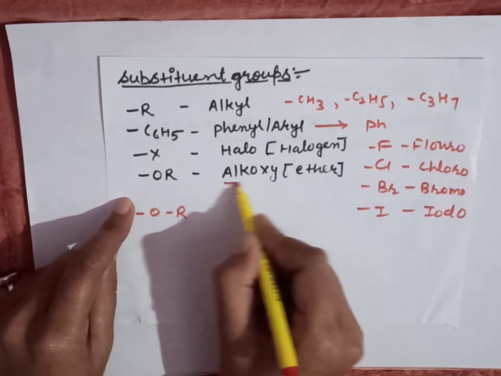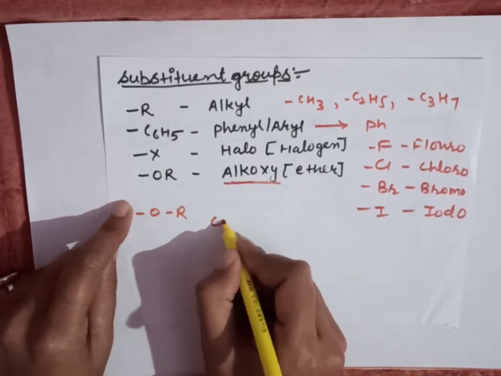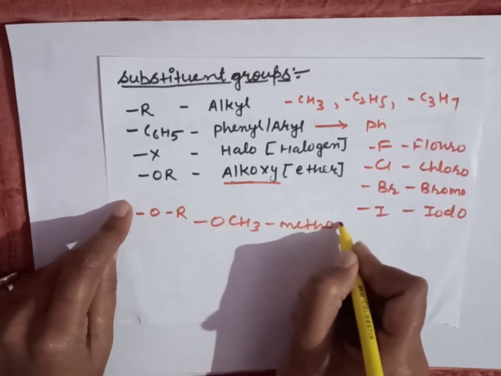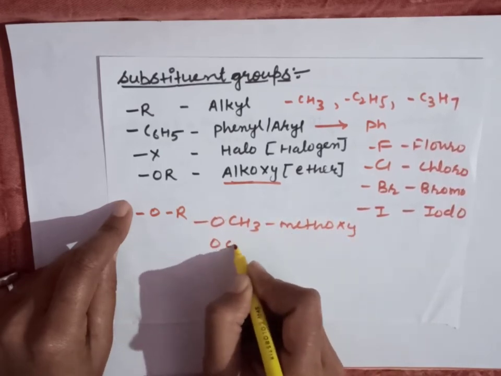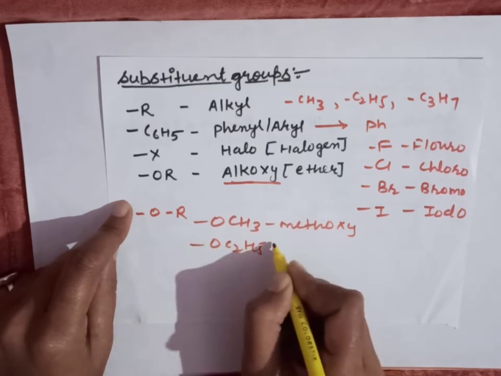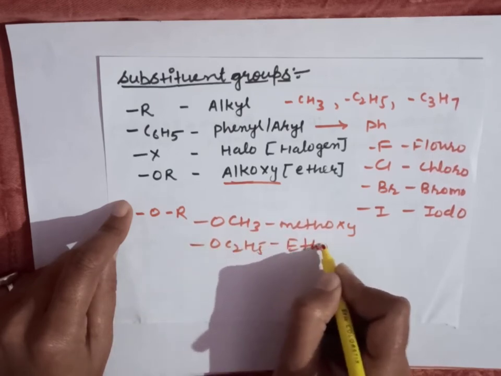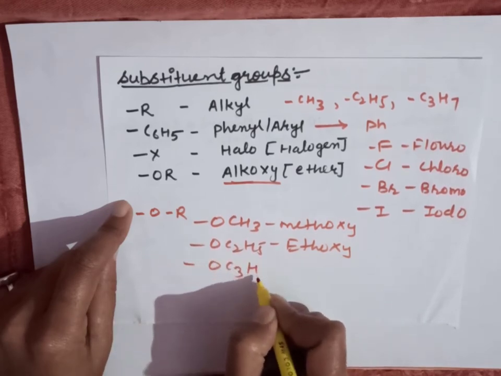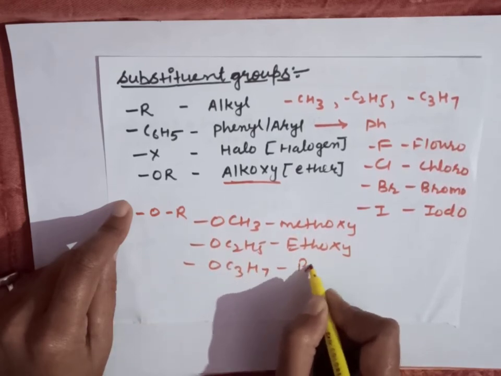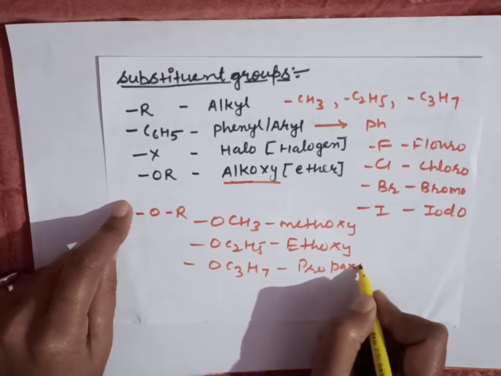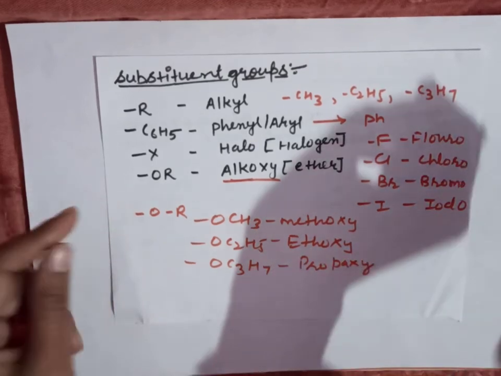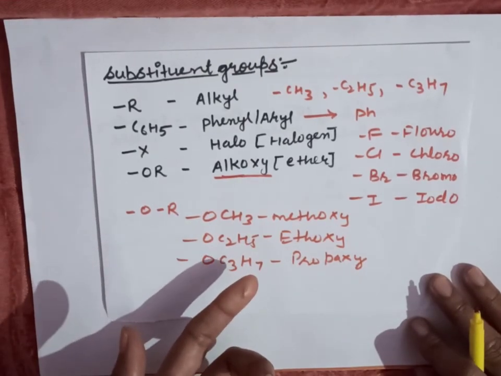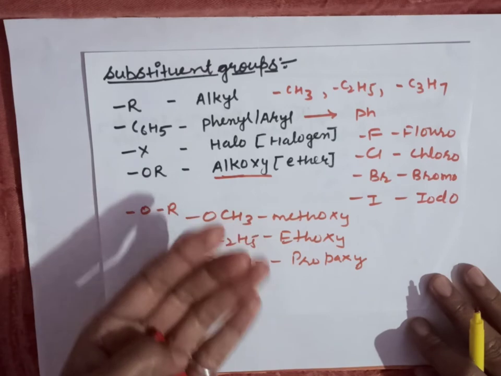So we use alkoxy for this one. Like OCH3, we use methoxy. OC2H5, we use ethoxy. OC3H7, we use propoxy. If OC4H9, we use butoxy. In the same way we use the others.